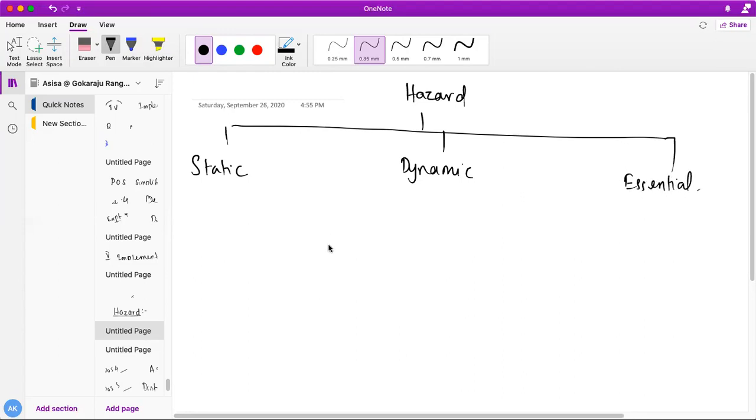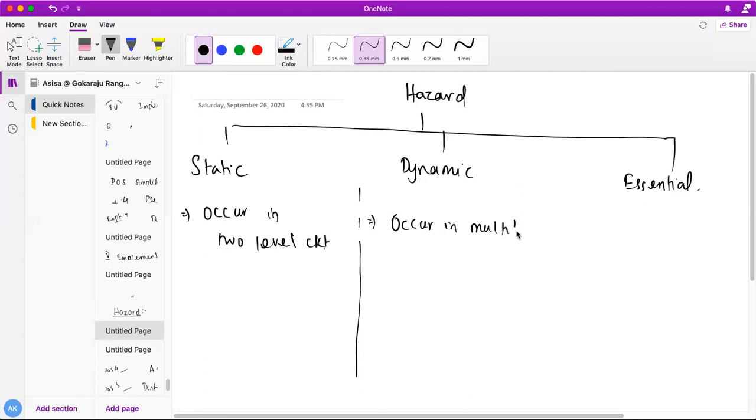Static hazard mainly occurs in two-level circuits. Very important point, students, I am telling. Dynamic hazard occurs in multi-level circuits. The hazard will move here. Dynamic, sometimes 1, sometimes 0, like this.